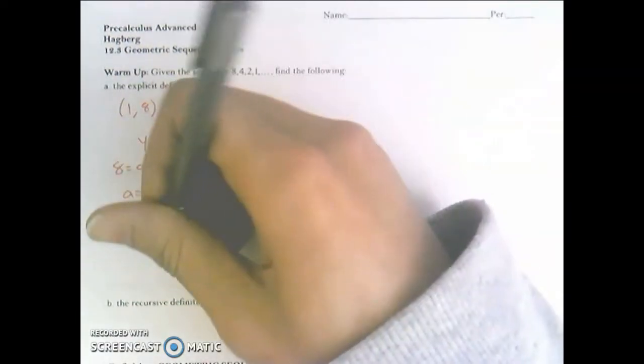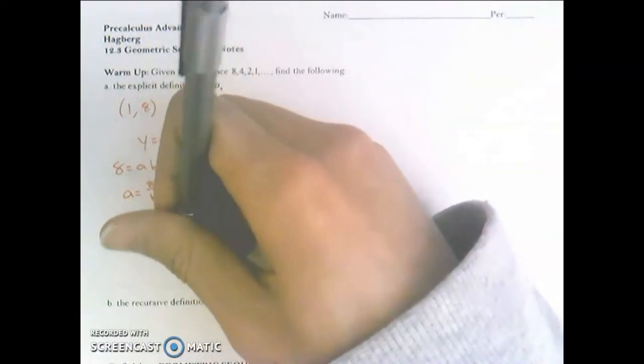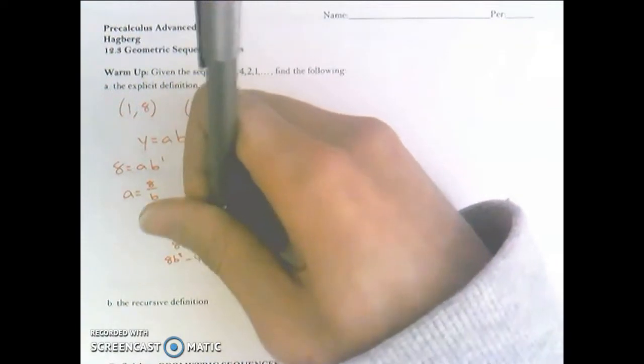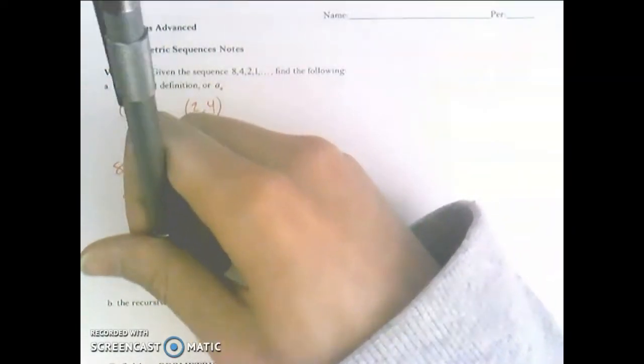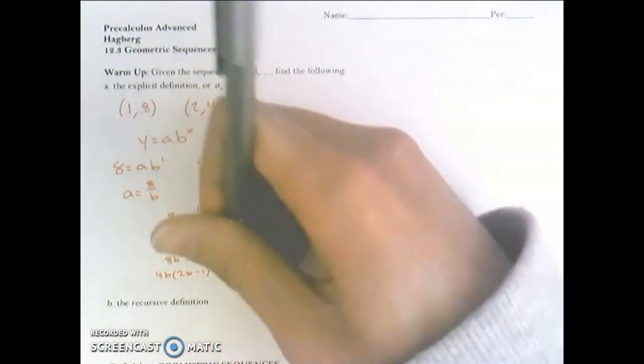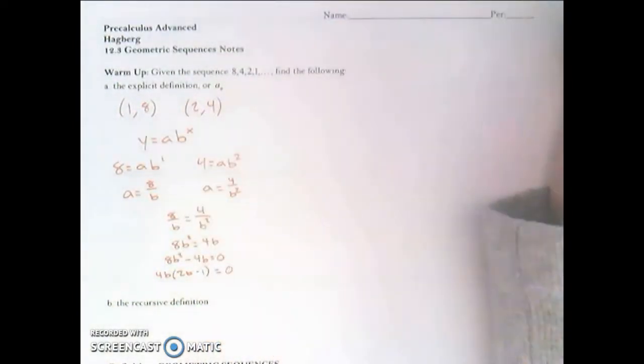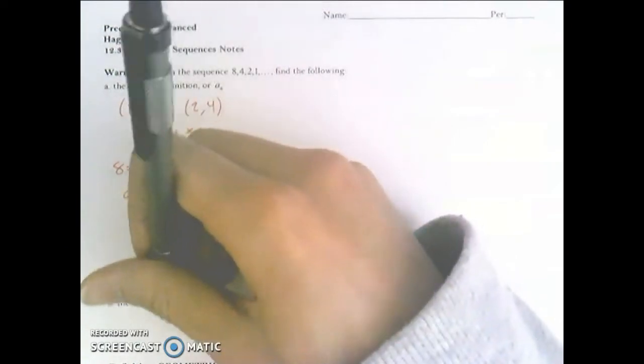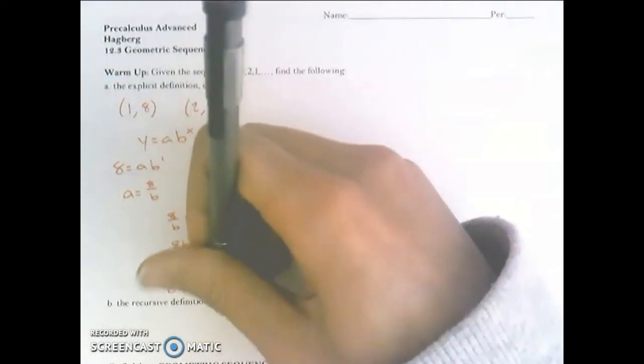Subtracting the 4b from both sides, we have 8b squared minus 4b equals 0. We'll factor out a 4b, so we have 4b times (2b minus 1). And then using the zero product property, we find solutions b equals 0, b equals 1/2.